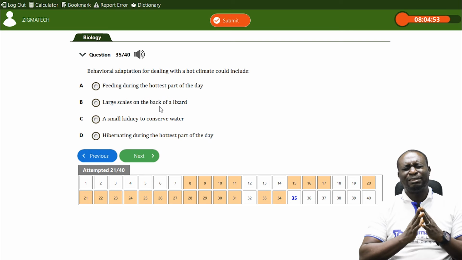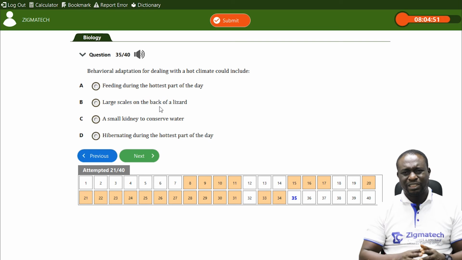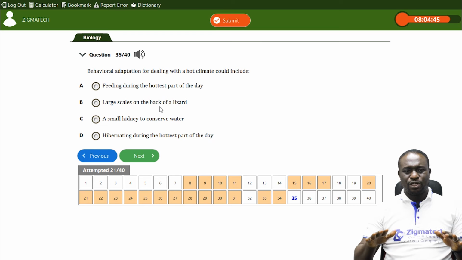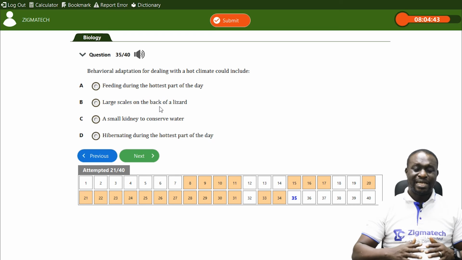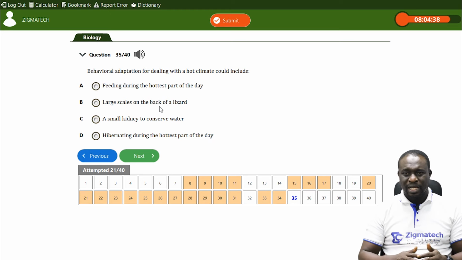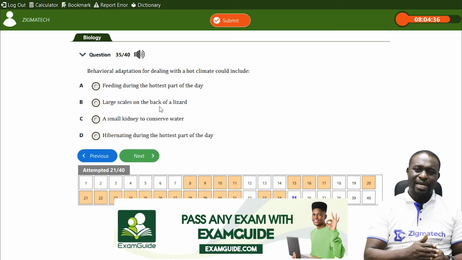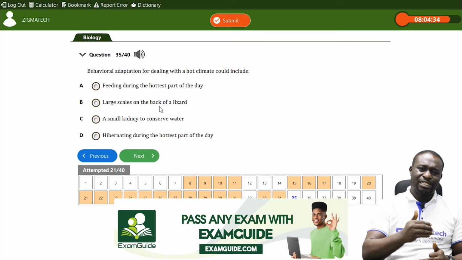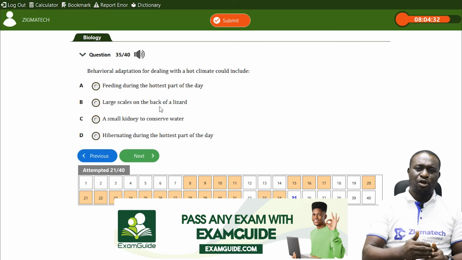They go into a period of deep sleep until conditions are favorable, then they wake. They go into this deep sleep for months. And it's also a way of adapting to adverse weather conditions.